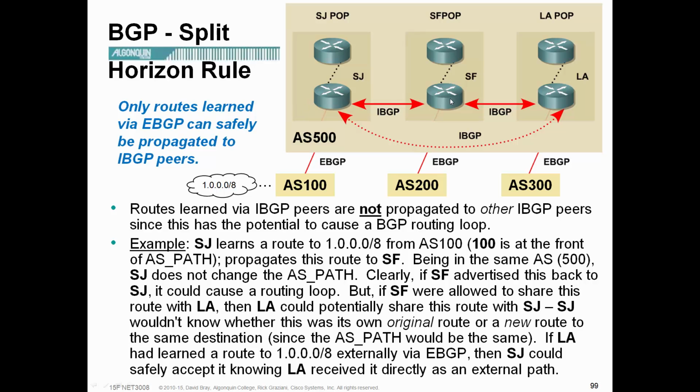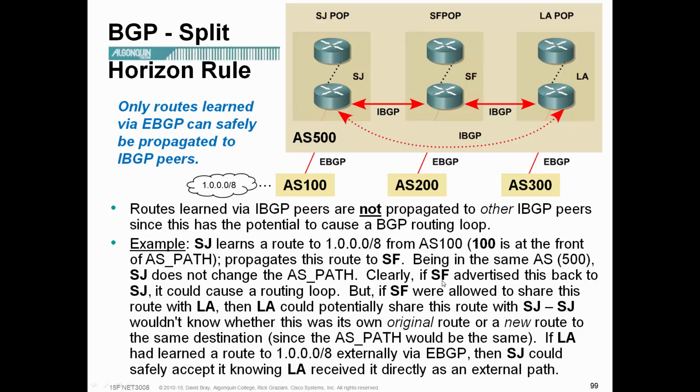So let's say that doesn't happen. But even so, SF, according to the split horizon rule, is not allowed to advertise this forward to LA, because as far as SF is concerned, that route is an internally learned route, so it cannot re-advertise that to another internal peer.